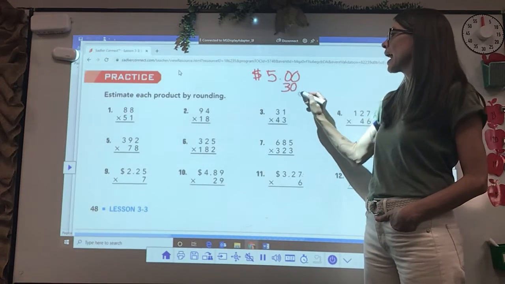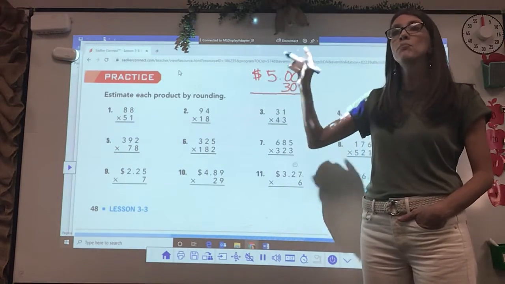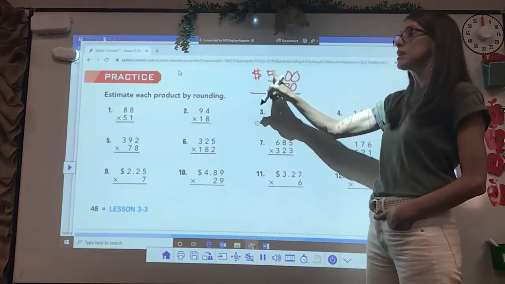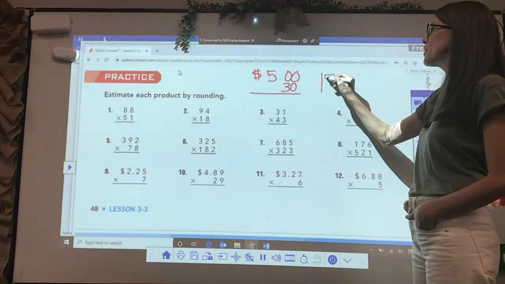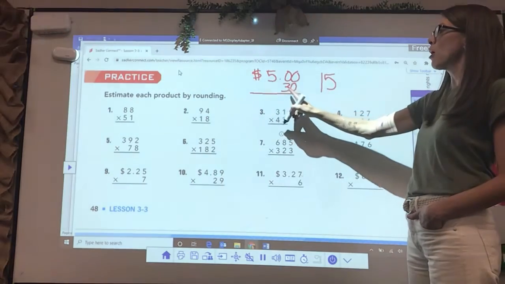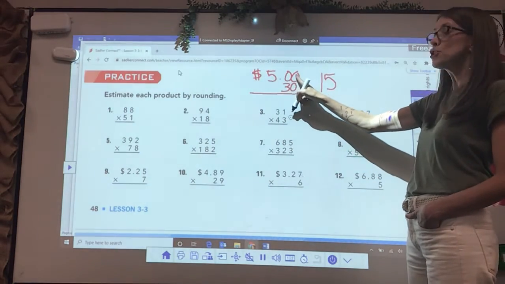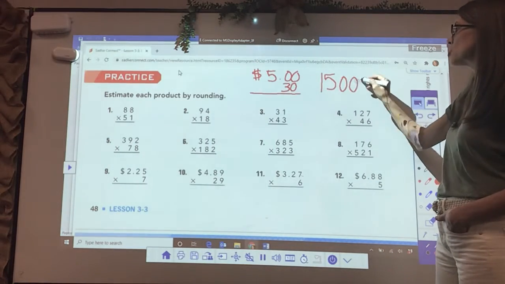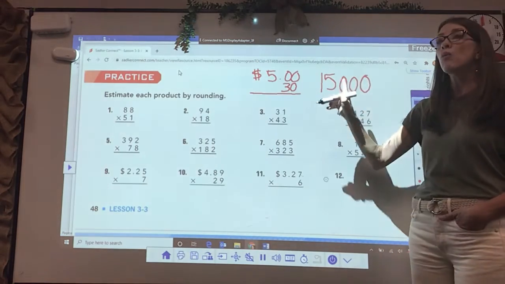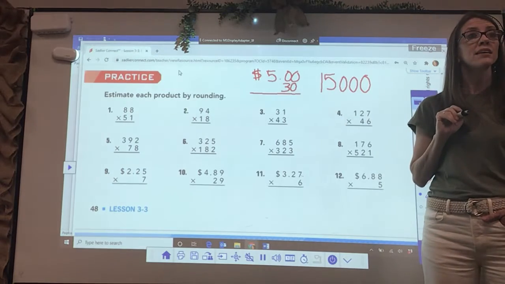So if you take $5 and you multiply it by 30, you take 5 times 3, the non-zero digits, and you get 15. And then you also take 1, 2, 3 zeros. Now, where do you put the decimal point?